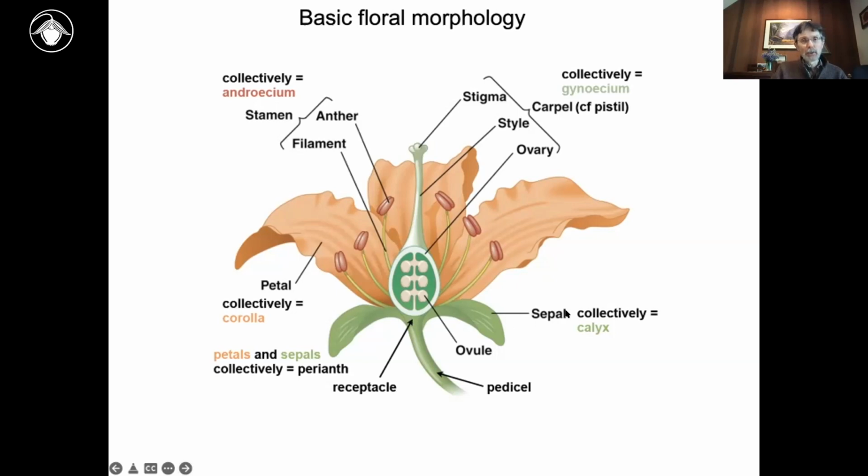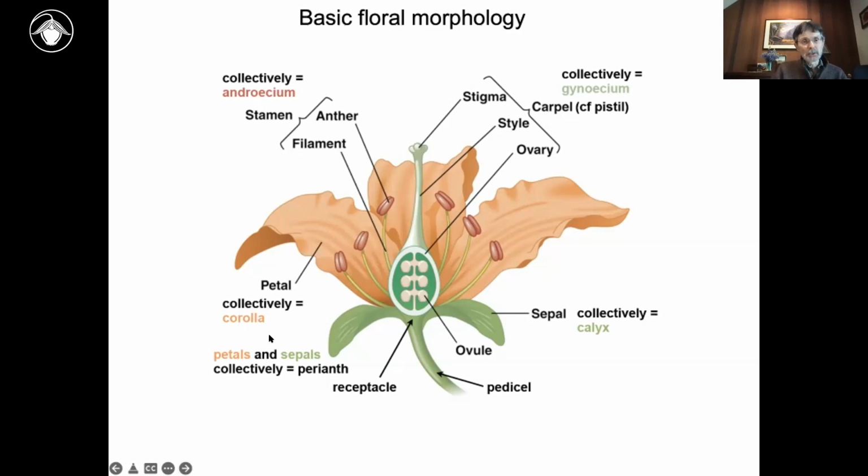And then the sepals taken together collectively go by the name calyx, C-A-L-Y-X. And this term is especially used if the sepals are fused together into a common structure, but it applies regardless for all the sepals taken together. And then the petals taken together collectively, all of them in an individual flower, are called the corolla.